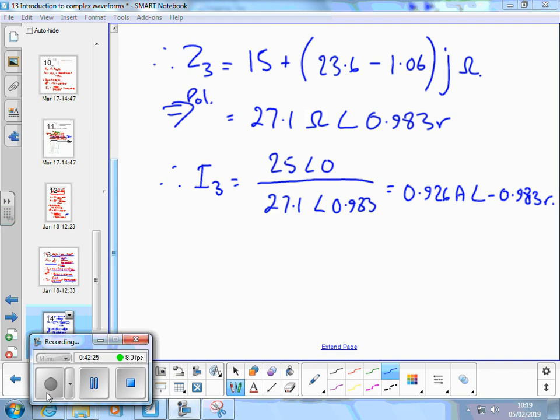Yeah. And again, inductive reactance is much bigger than capacitive reactance, so we've got a lagging current. Okay?